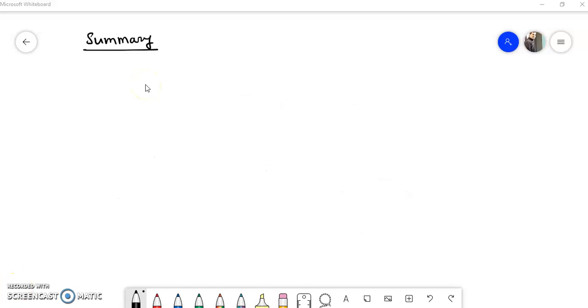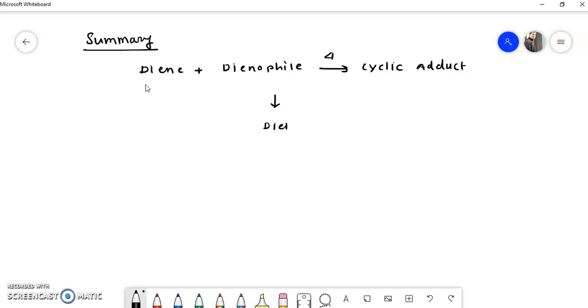In summary, we have seen that the reaction between a diene and a dienophile to give a cyclic adduct in the presence of heat is called the Diels-Alder reaction.